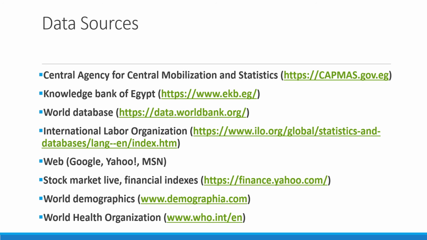And finally, we have the World Health Organization, or WHO, which has all information related to health and healthcare. Of course, this is a very small sample of the real websites and database resources that can be found on the internet.